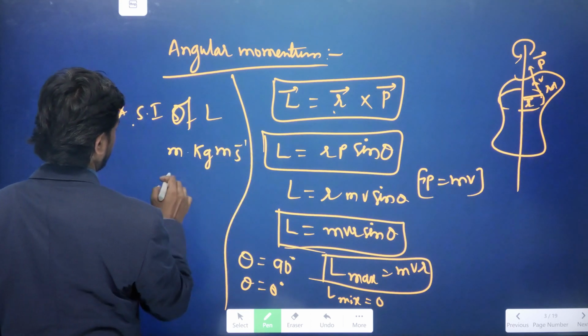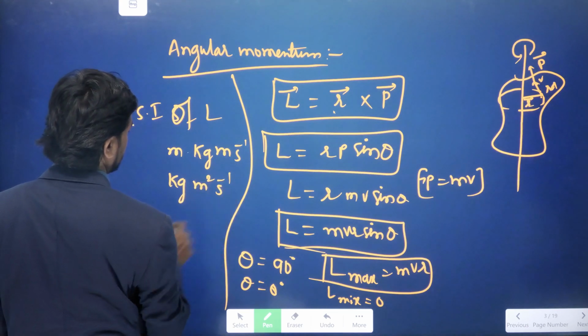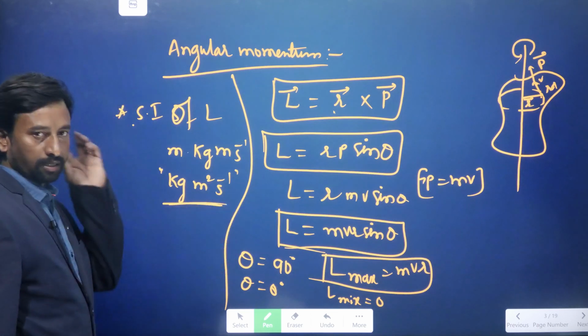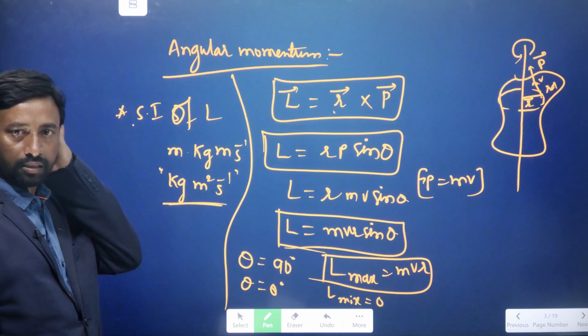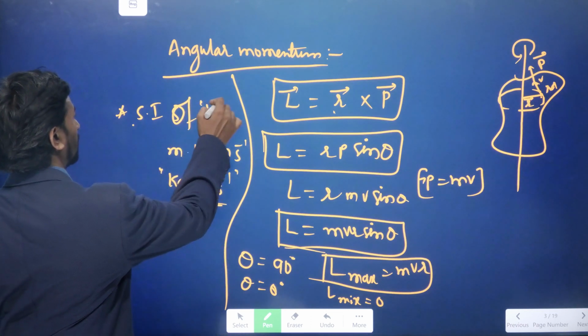That is kg meter square per second. Kg meter square per second is the SI unit of angular momentum, the SI unit of L.